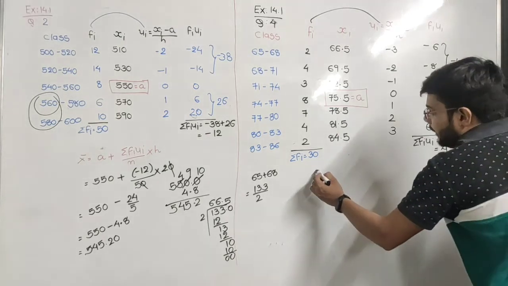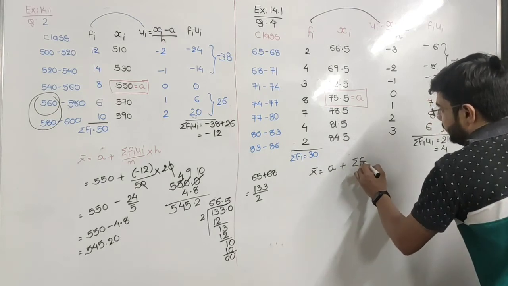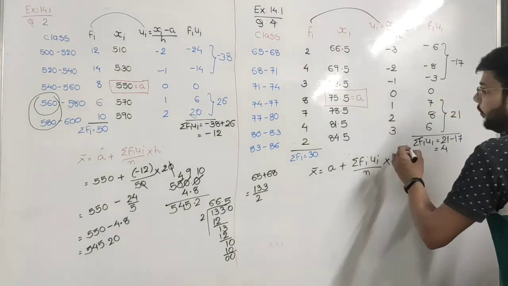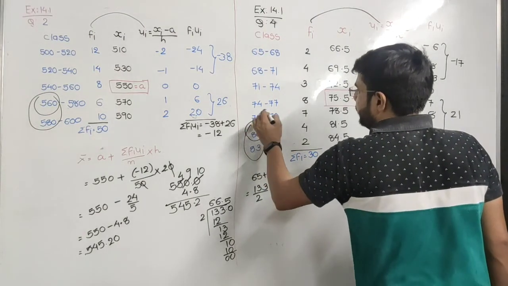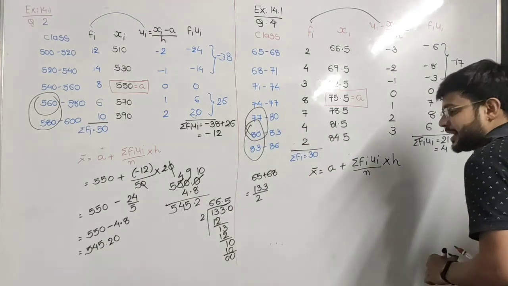So the formula will be x bar is equal to a plus sigma Fi ui upon n, multiplied by h. We can see that the common difference is 3, so h is equal to 3, that is the class length.